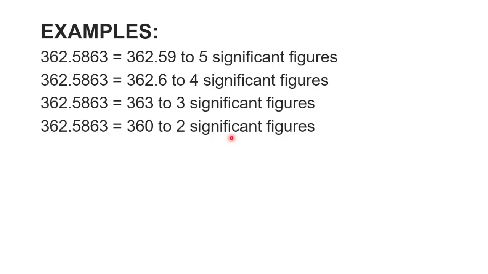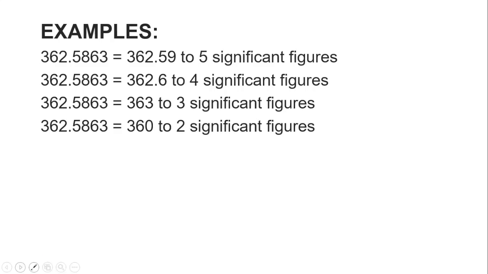And by the way, for significant figures, 0 is not counted as a significant figure. So it's only this number 1, 2, and that's going to give you two significant figures. So 360 is the answer for two significant figures.